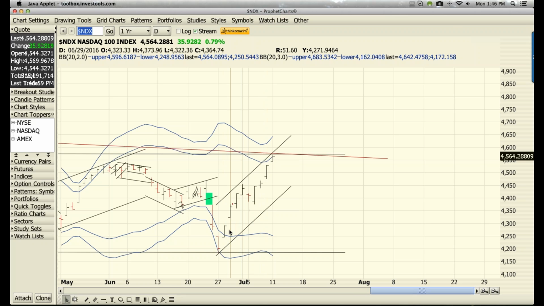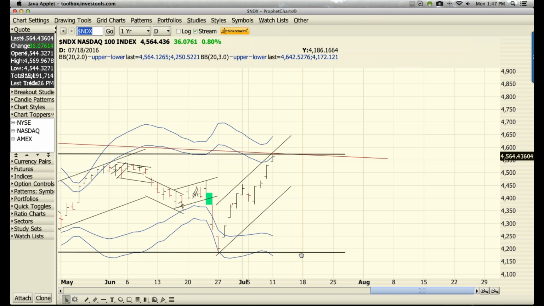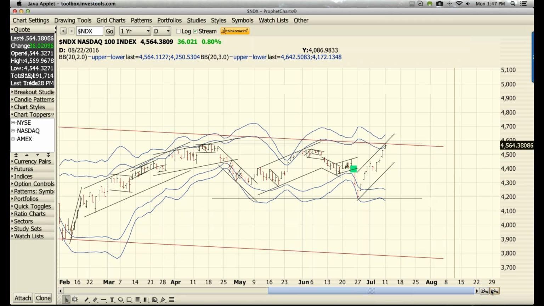Those are the oops patterns, and in order to satisfy all three of those oops, the NDX will eventually trade back down to 42.91. 93% of the time, oops patterns are satisfied. So that means 7% of the time they aren't. And we know that, but there's a statistical probability that we will trade back down to the 42.91 range, and it's well within the channel that we're trading in.